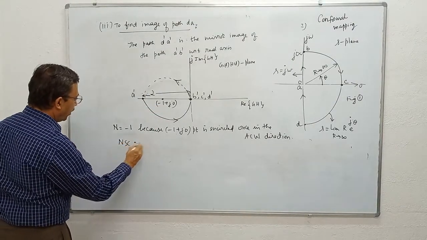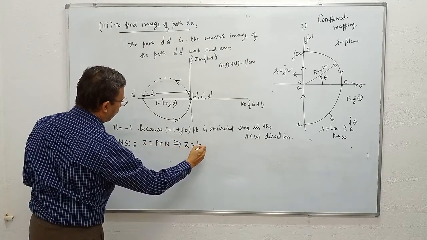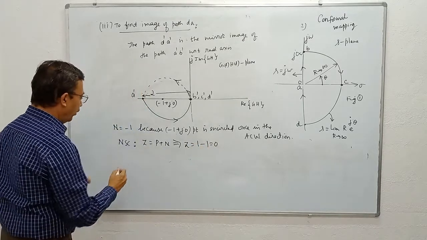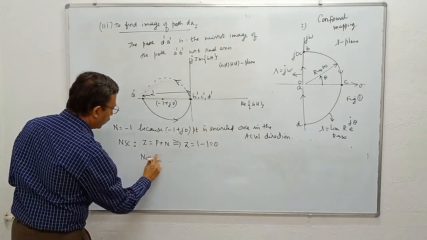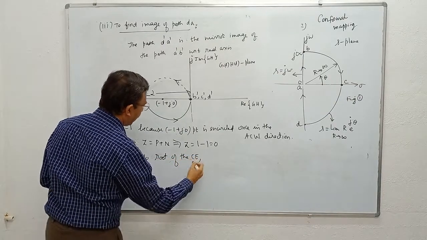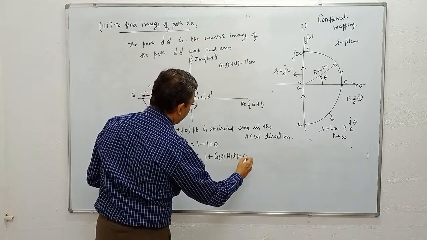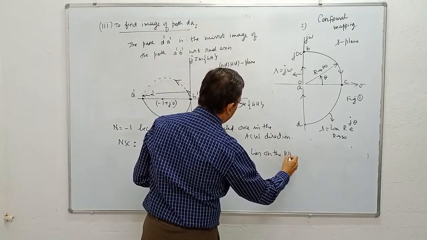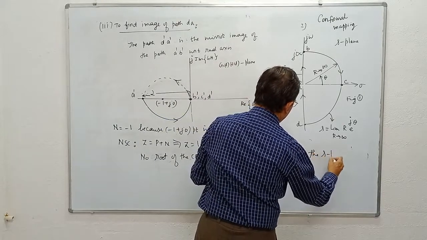Nyquist stability criterion is Z is equal to P plus N. This implies P is equal to 1, Z equals 1 minus 1 equal to 0. Z equal to 0 means no root of the characteristic equation 1 plus G of S, H of S equal to 0 lies on the RHS of the S plane.